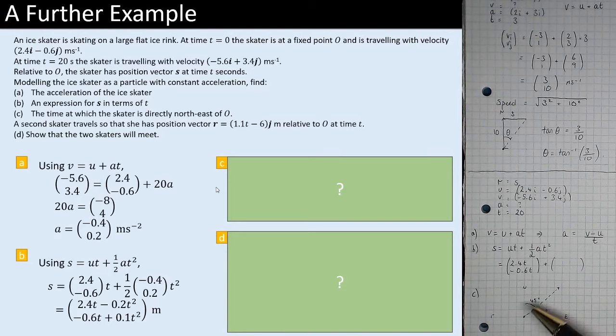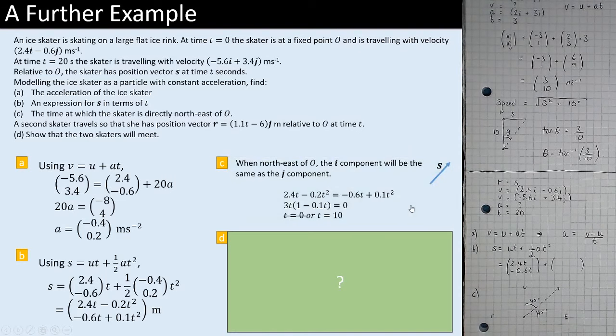Going back to our part C, if we have 45 degrees on both sides to get something which is directly northeast, that means that the i part and the j part are going to have to be the same, to make this almost perfectly square. So what we're looking for is the i component of our position to be the same as the j component of our position.